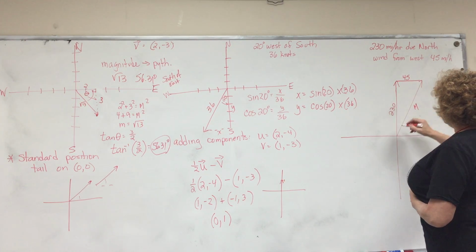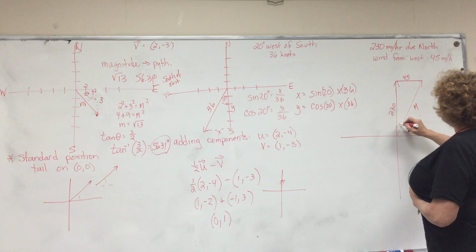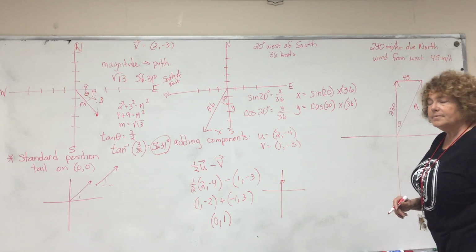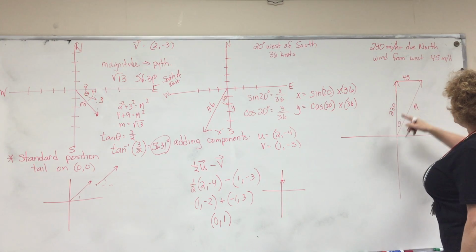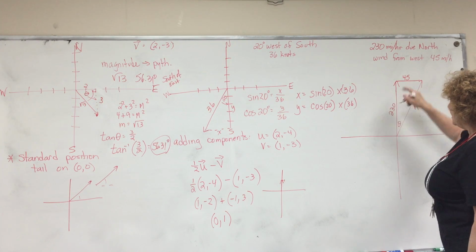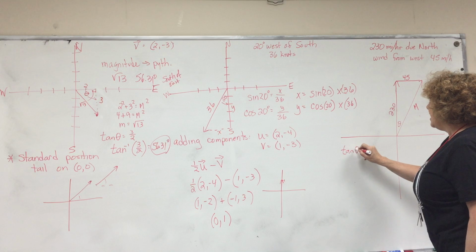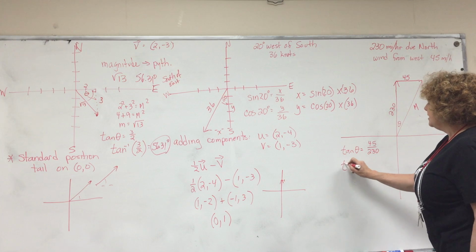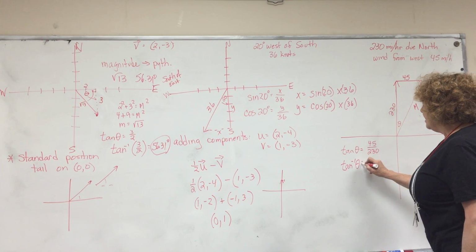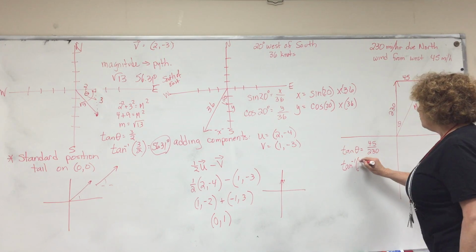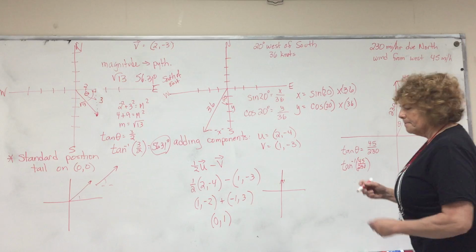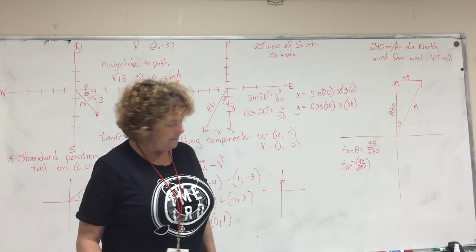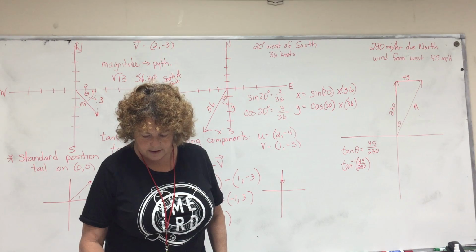So let's find out what this angle is. And so 230, 45, we have adjacent and we have opposite. So we could say the tan of theta is 45 over 230. So we punch in second tan, 45 divided by 230.